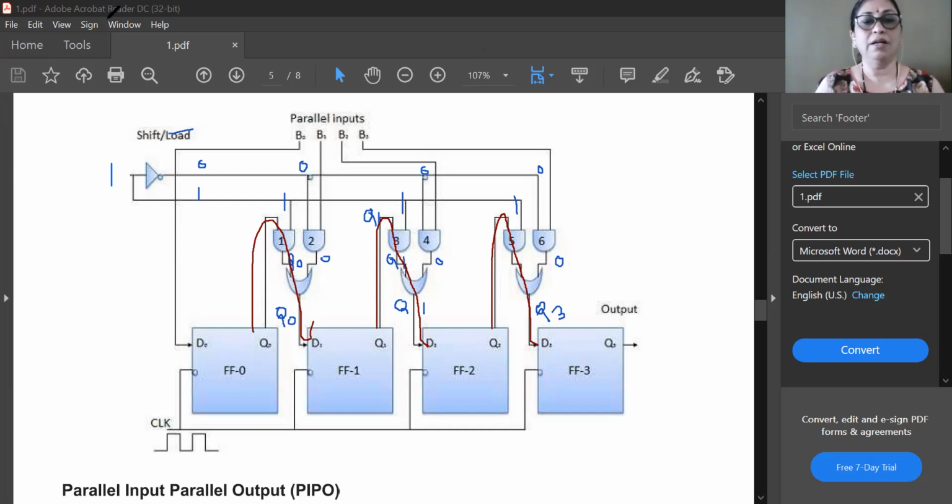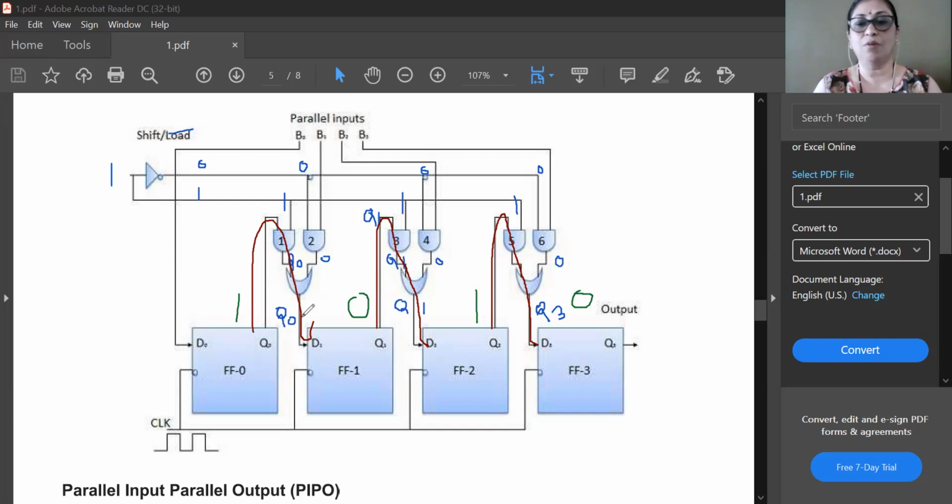Okay. And earlier we have seen that we loaded some data here, and that data was 1, 0, 1, 0.